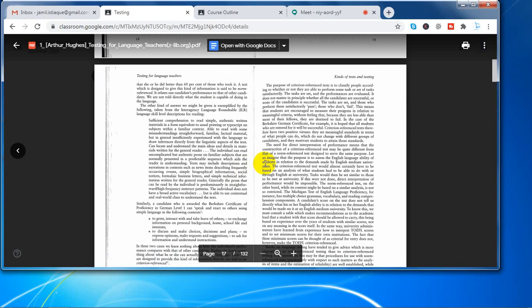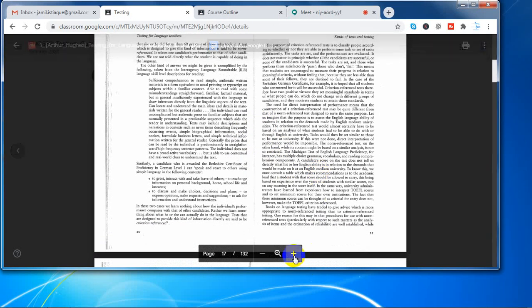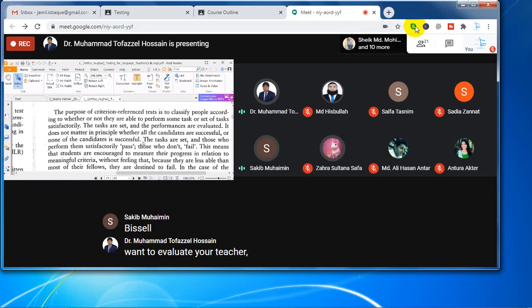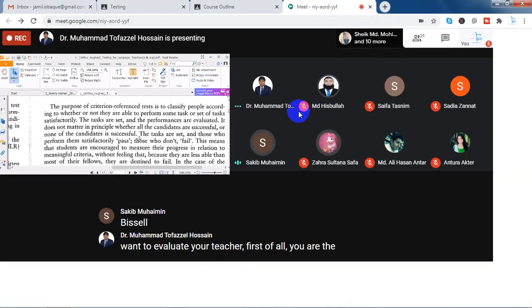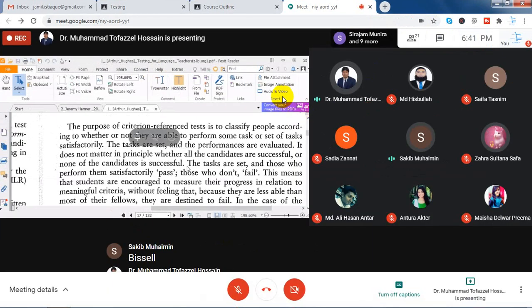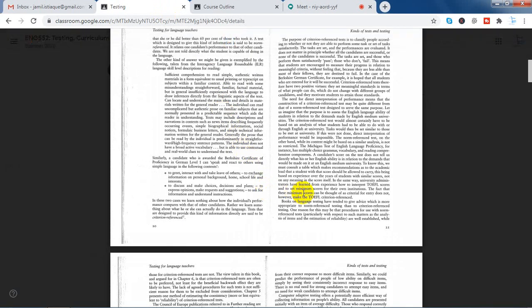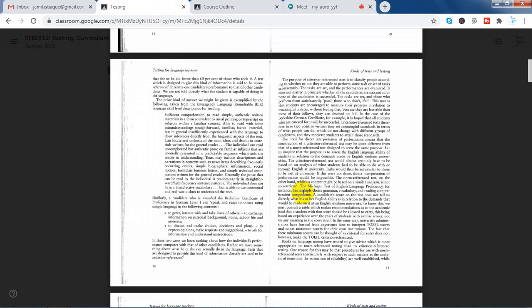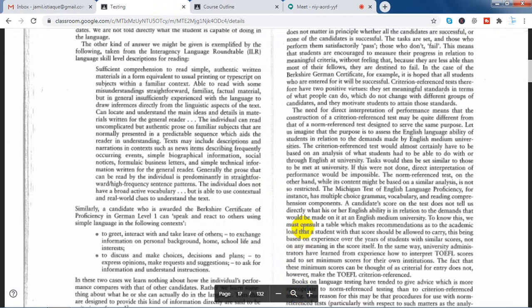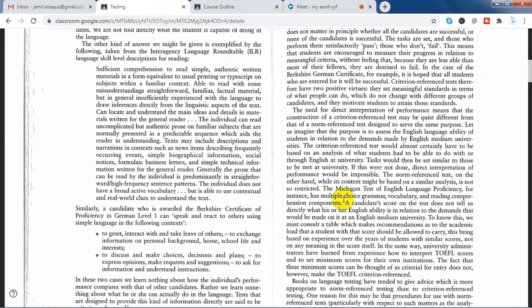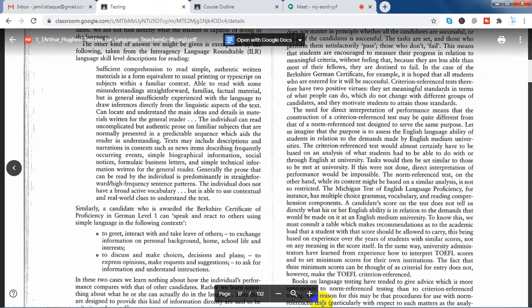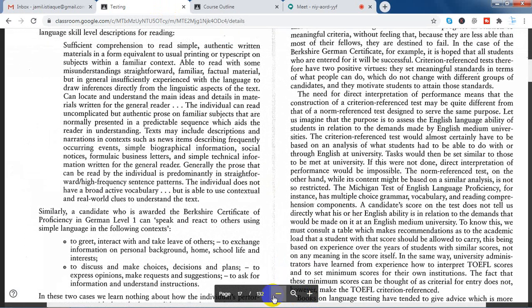So তার মানে কি, as a teacher, if you want to evaluate your teacher, for example, you are the principal or the head of the institution. Now would you think that all the students fail, it means your teacher is not good? Will you make the generalization like this? যে কেমন টিচার, সব স্টুডেন্টরা ফেল করেছে মানে টিচারই ভালো না?